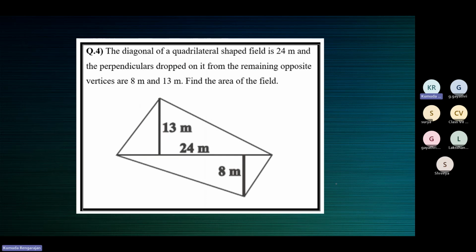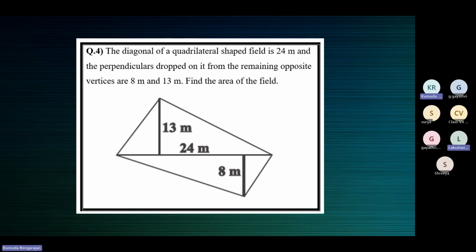Somebody tell me the formula to find the area of a quadrilateral. Surya, what's the formula to find the area of a quadrilateral? Who can tell me online? Ma'am, it's half into D into H1 plus H2.